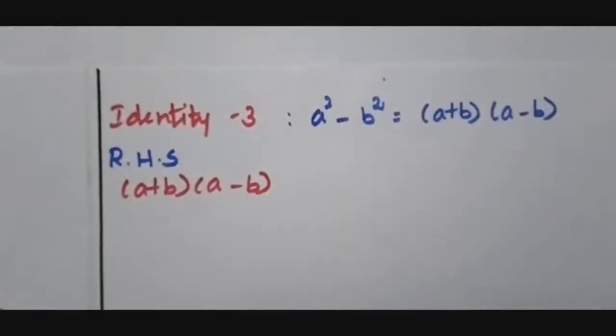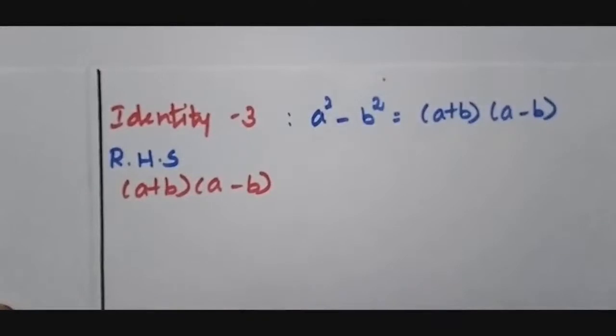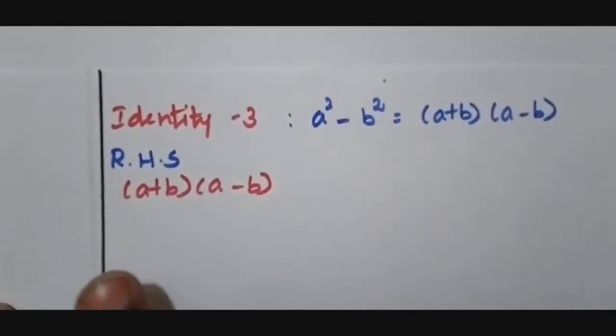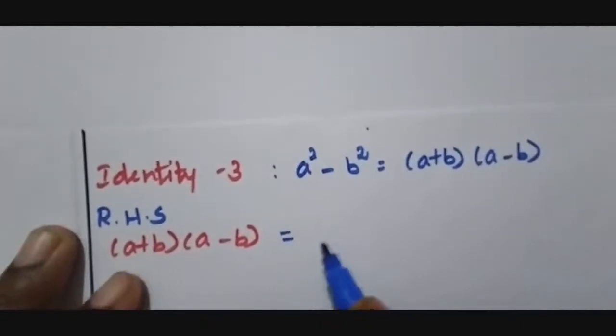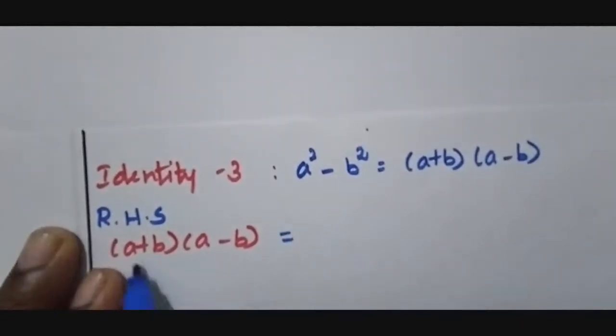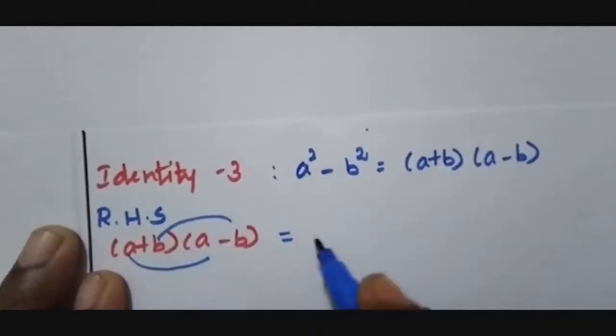Next, third identity, a square minus b square, which is equal to a plus b into a minus b. So now you are taking this RHS, a plus b into a minus b. Now multiply this a with the second expression, then with this b multiply the second expression.